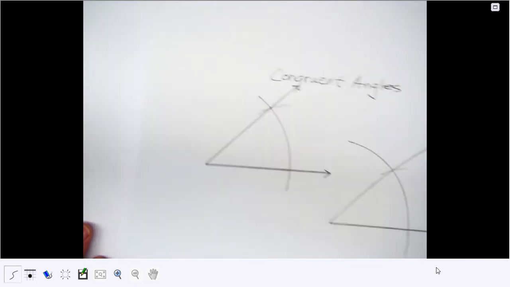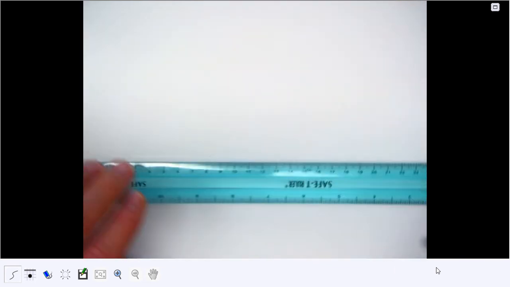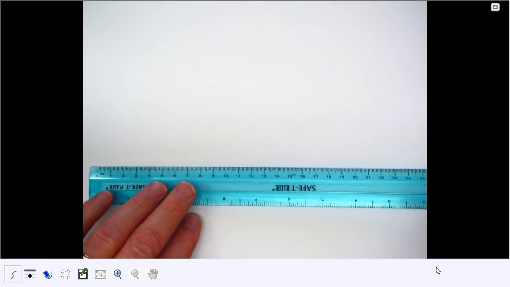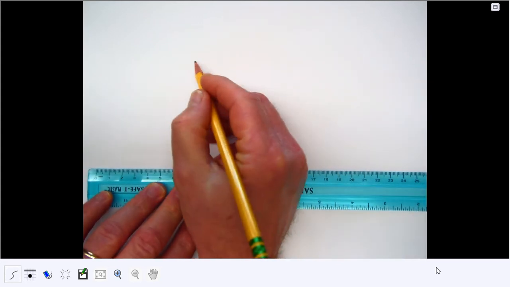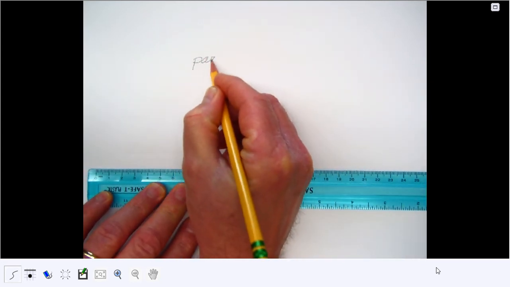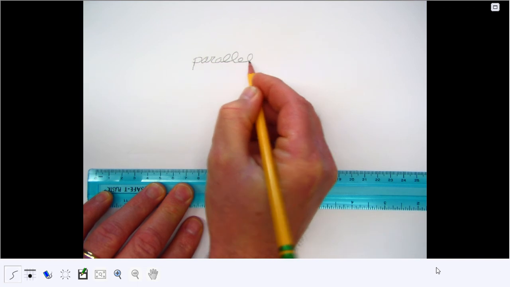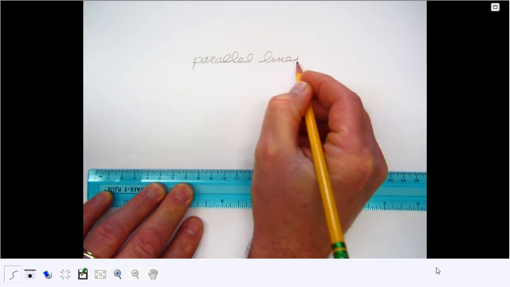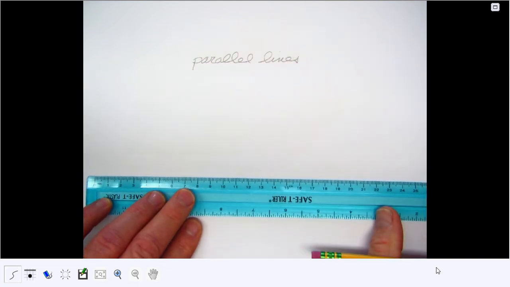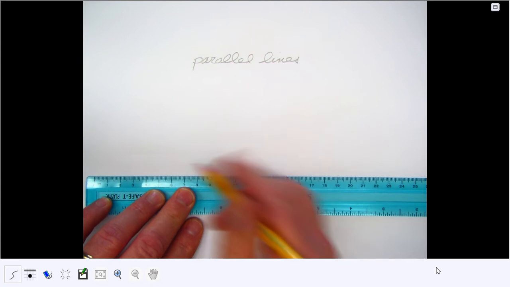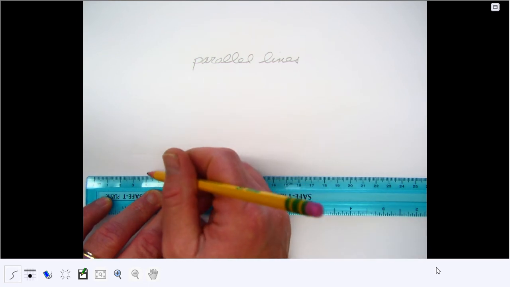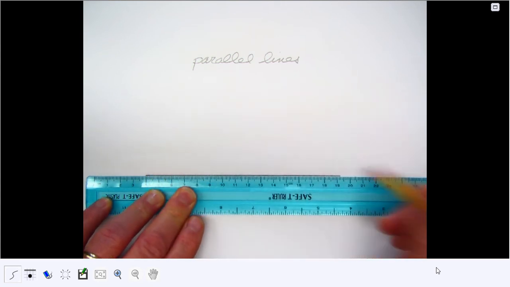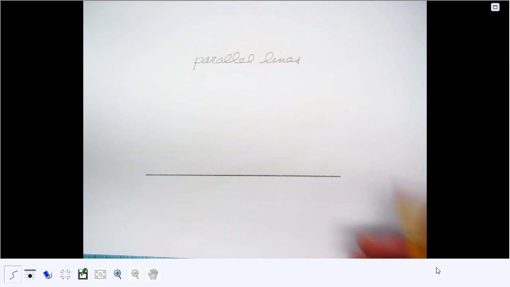We're going to take these and put them there. And this is actually the same thing as congruent angles. So it's parallel lines. I'm going to draw an angle, but the bottom ray I'm going to show really long.